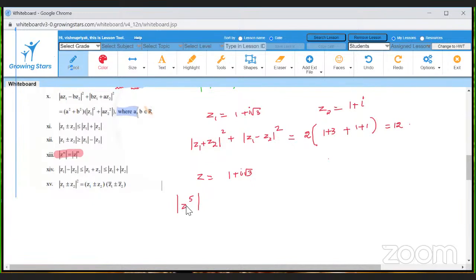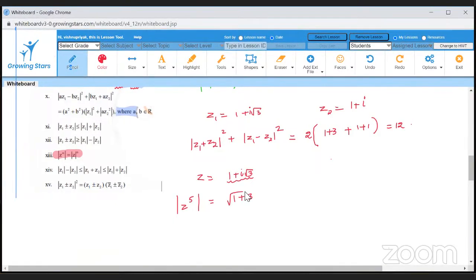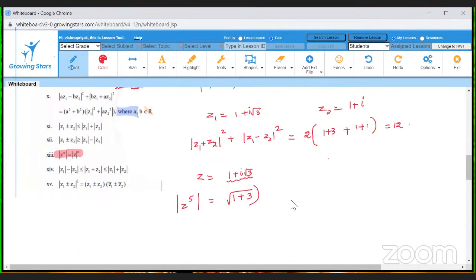Then you need not multiply Z 5 times. You take the mod of Z, which is 1 plus 3 under square root. Take it power 5. Square root of 4 is 2. 2 power 5, that is 32, will be the answer.